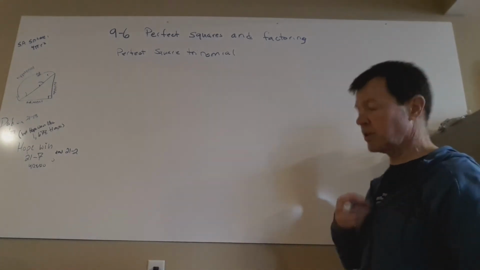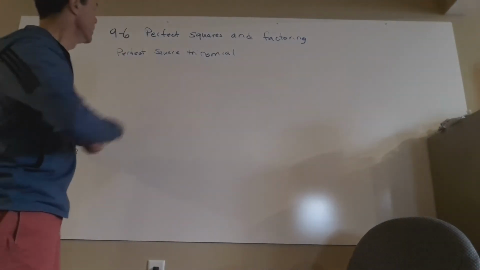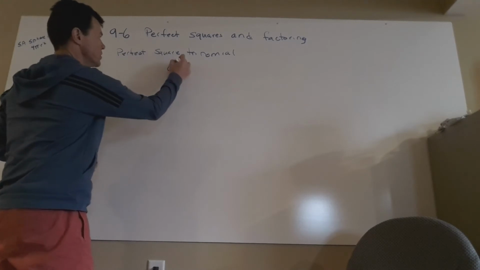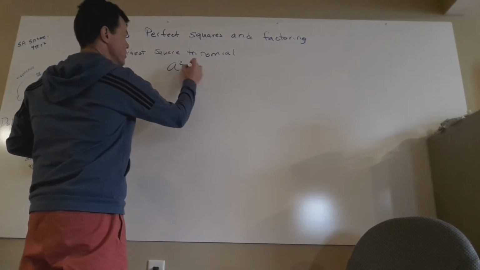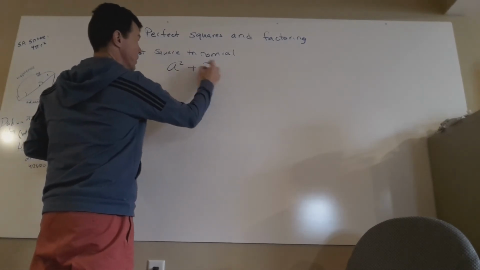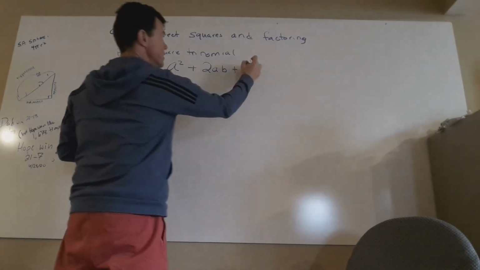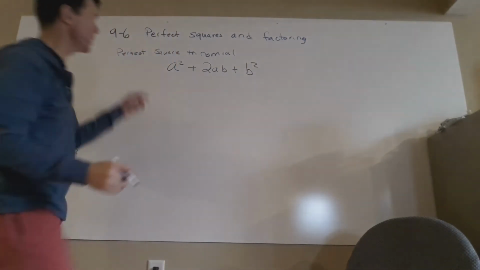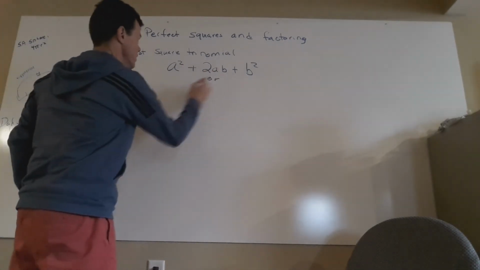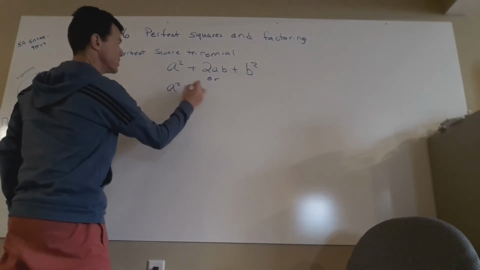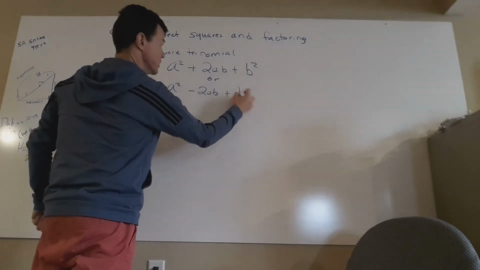So, perfect square trinomial, just to give you a quick example, it's going to be in this form. The first term is a squared, the second term is plus 2ab, and the third term is b squared. Or it's a squared minus 2ab plus b squared.